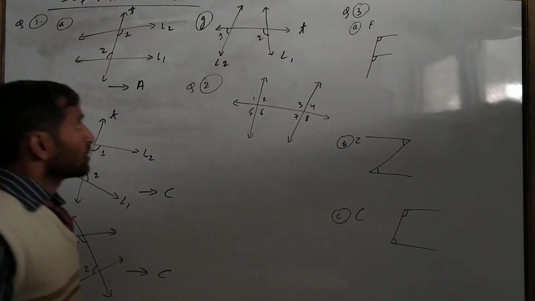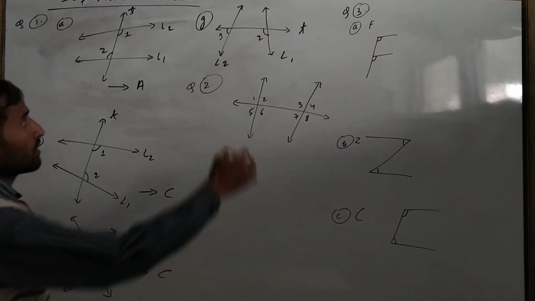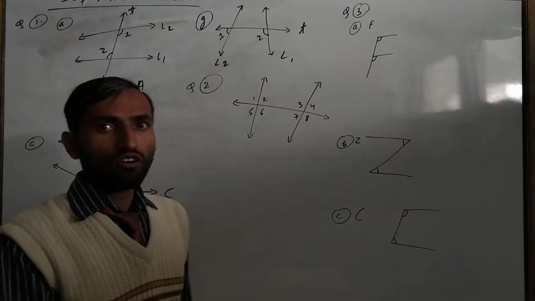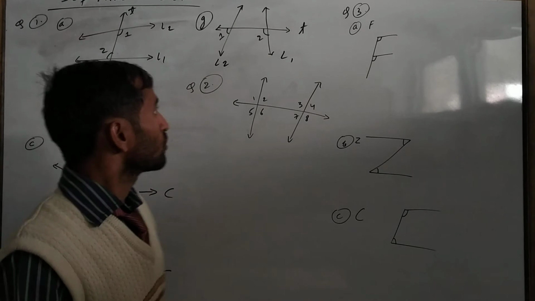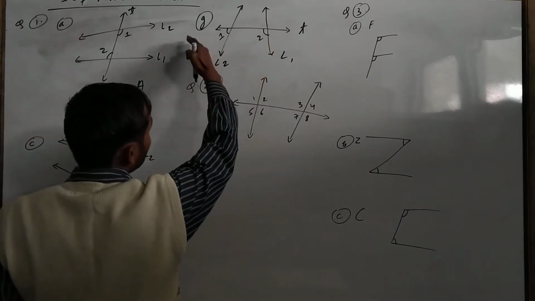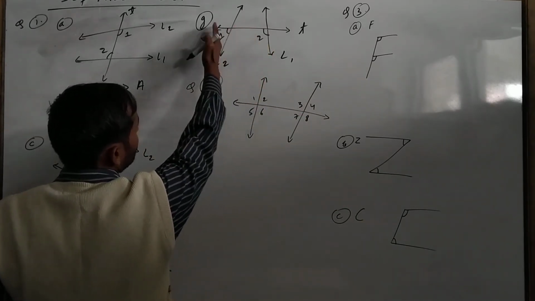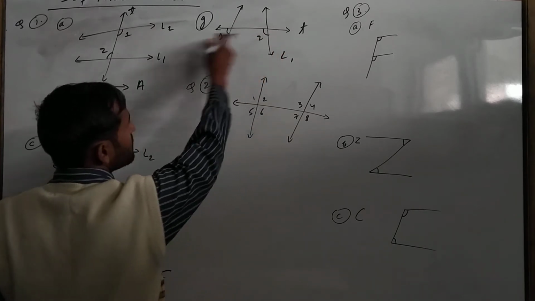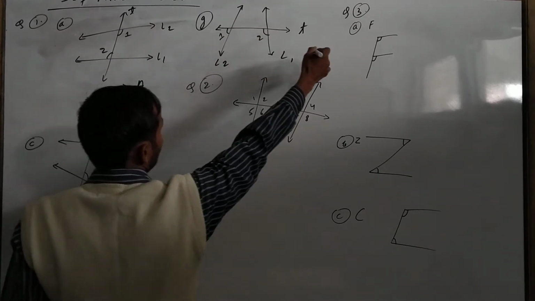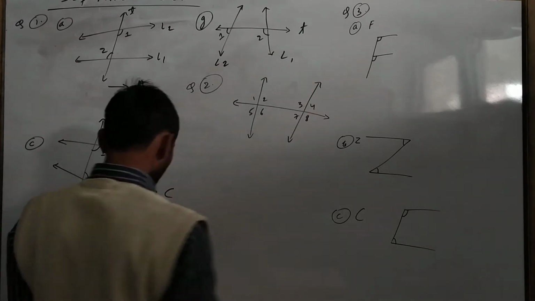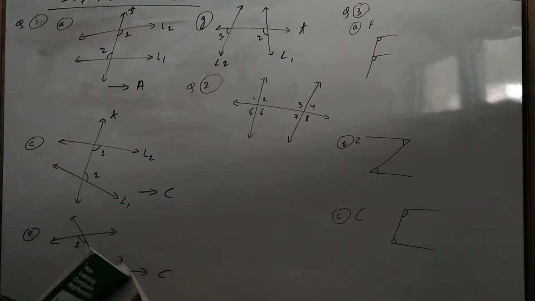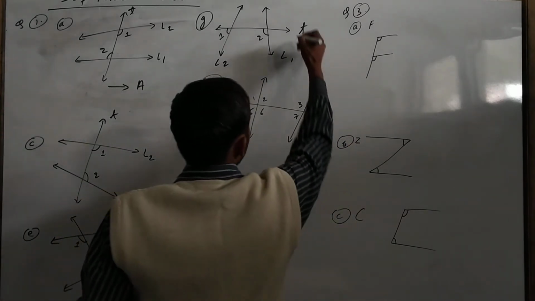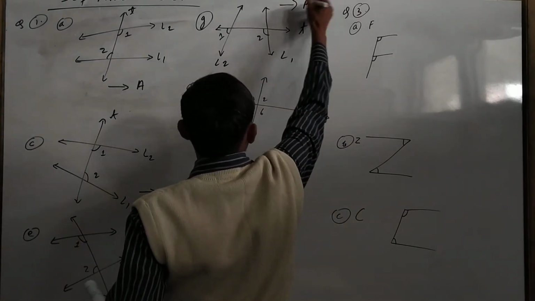Now we have to say whether angle 1 and angle 2 are co-interior, alternative or corresponding. Which one is it? Both angles are on one side, one is above the line and the other is also above the line. So these are called corresponding angles. So in place of corresponding angle we will write down B.